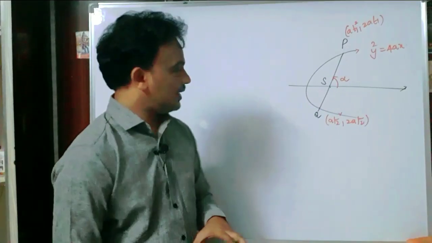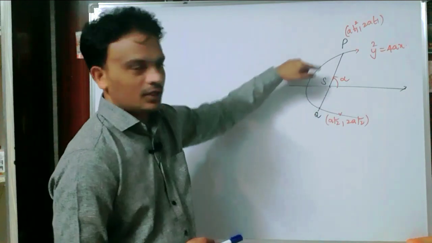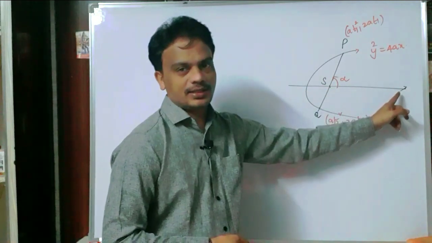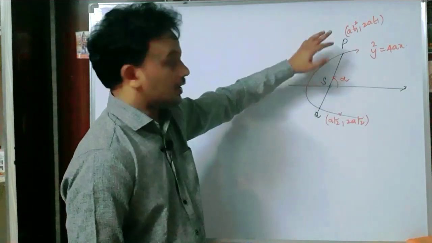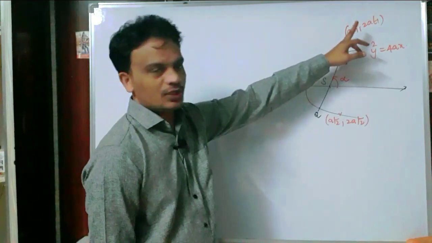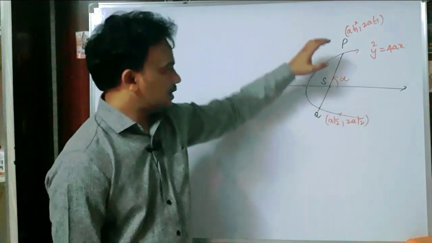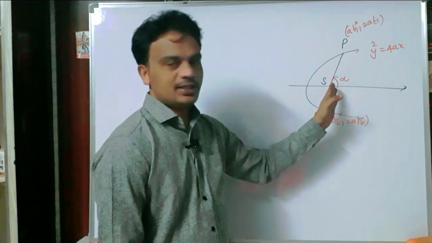The next thing is, if PSQ is a focal chord that makes an angle alpha with the positive direction of x axis, then what is the length of PQ in terms of alpha? We are going to find it, whose ends are (at1 square, 2at1) and (at2 square, 2at2).